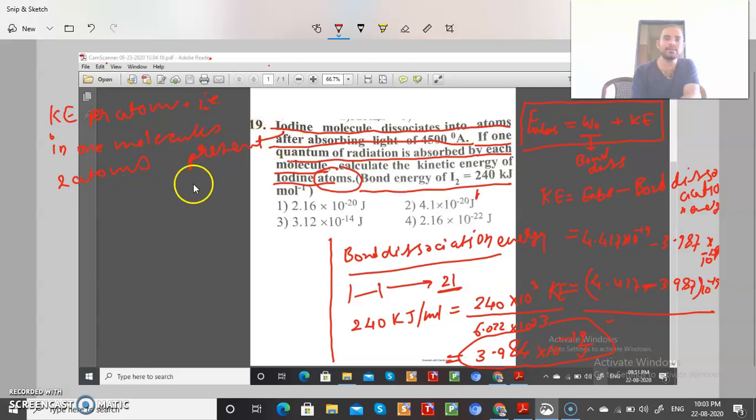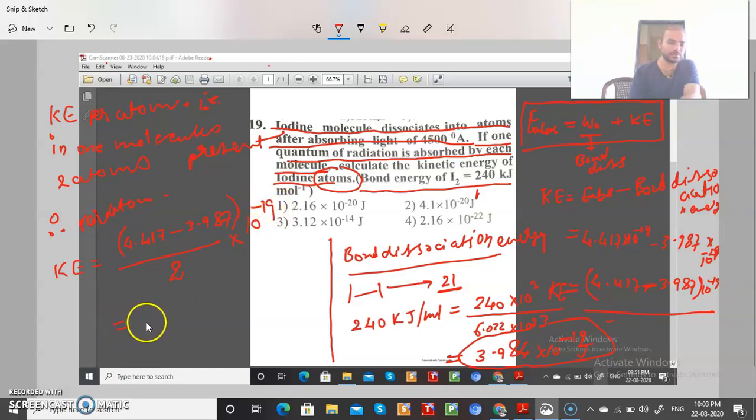By dividing by 2. So the kinetic energy per atom is equal to 4.417 minus 3.987, divided by 2, multiplied by 10 power minus 19.